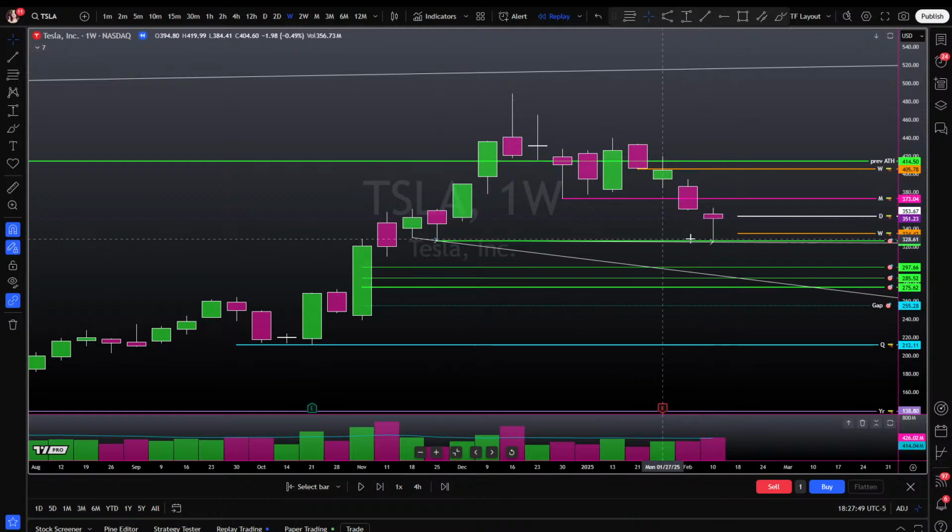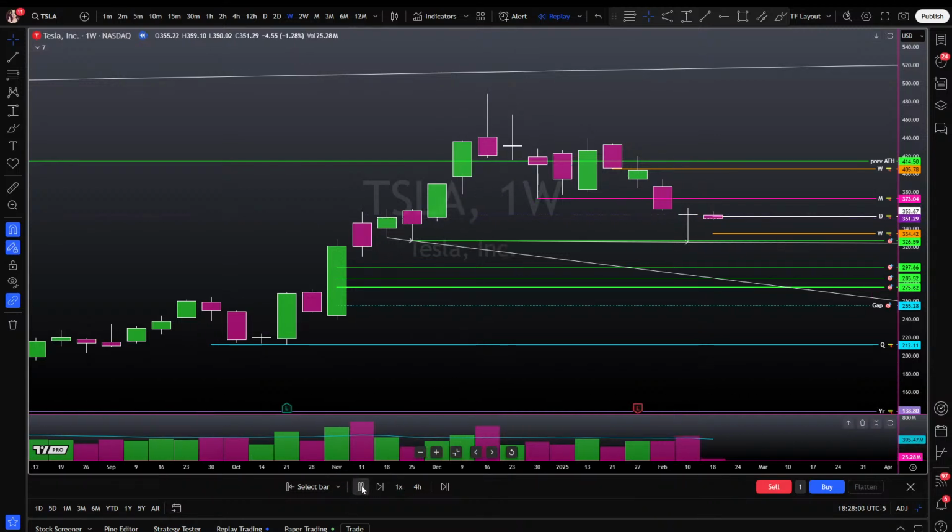So at exhaustion is where you can expect reversals and profit taking to happen. That's why it's so important that we know about them and we mark them on our charts. We're going to keep going because it gets even better. So people are like, oh, I want to buy the Tesla dip, because we did go 2 down, 2 up.